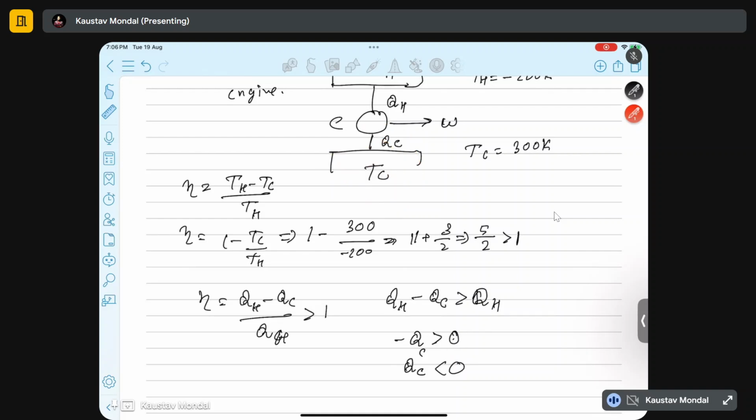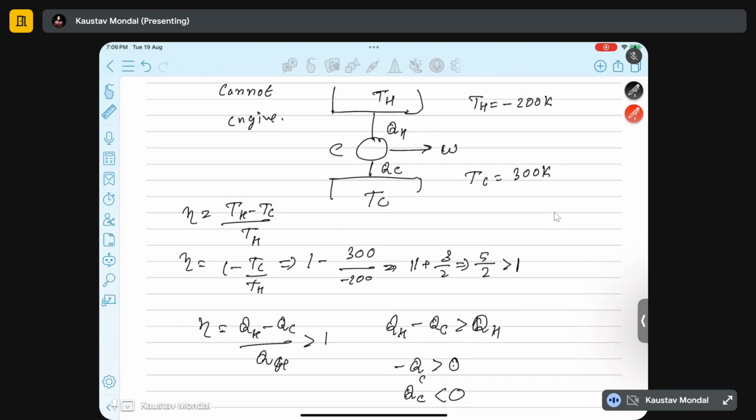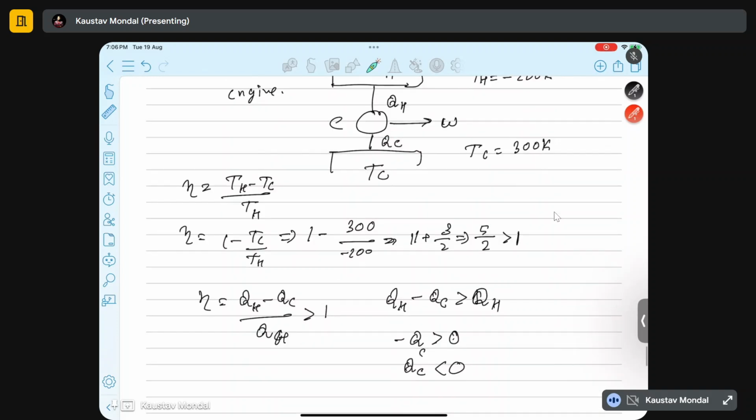In the original case, in the ideal case of a reservoir, QC is positive, right? QC is flowing in this direction, so it should be positive, but in this case QC is negative. That means the heat is moving in the opposite direction. That's why it's heat in from hot.